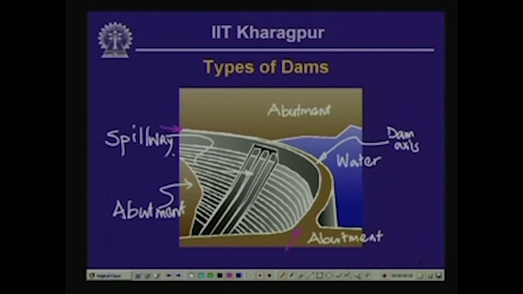And most of the load is taken here by the arching action shown by purple arrows on this particular sketch that I have just drawn. Okay, so that is another type of dam.